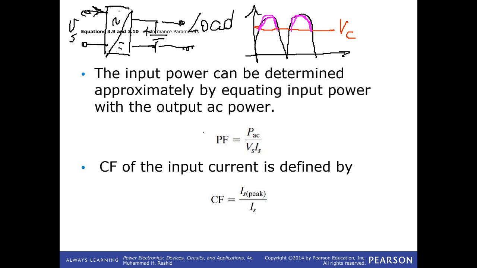This moment and that moment are defined like this, and the current, I'm going to draw it in blue color. Current IS, I'll write IS here, blue color. Current is something like this.